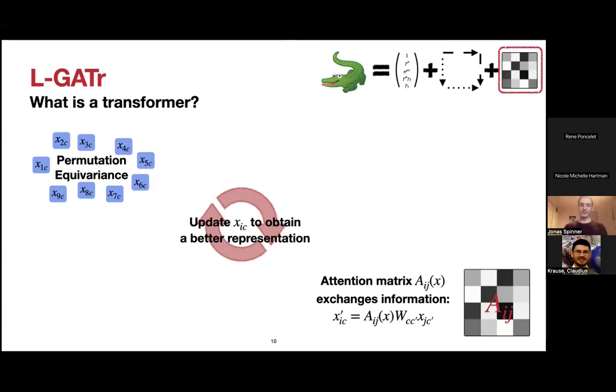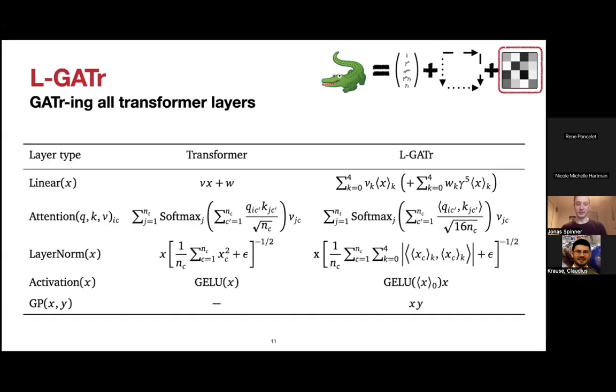This is the high-level introduction to transformers, but now I will get a bit more into detail. Transformers are based on a set of operations. So for instance, the linear layer, the attention layer, and the attention, this is now essentially the spelled out formula for what I had on the last slide, and then also layer normalization, activation, and a few more, which are not so important.